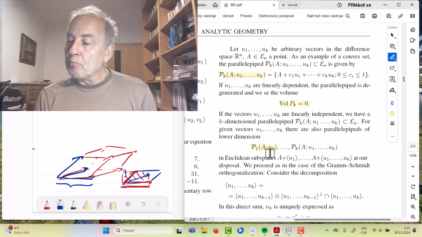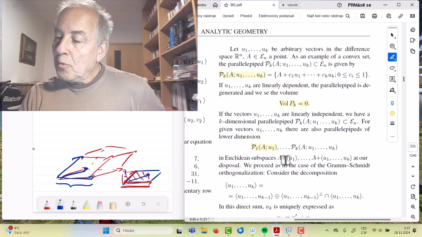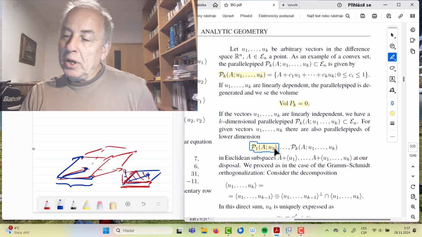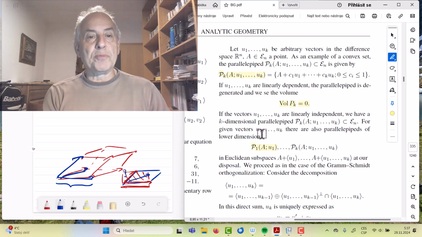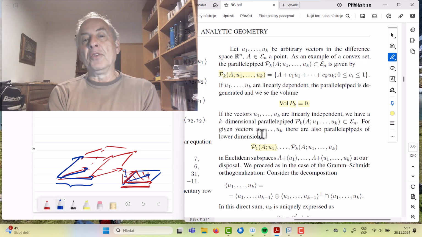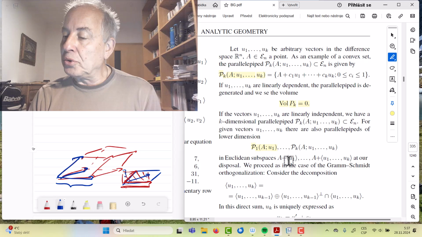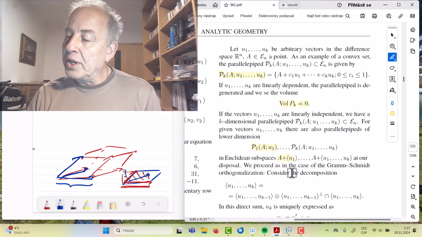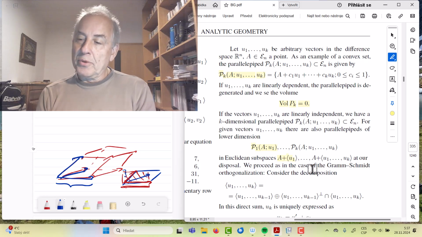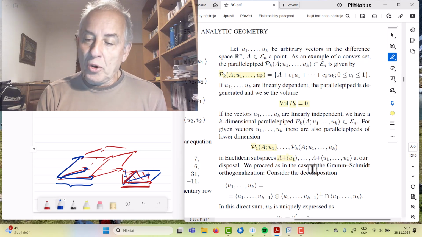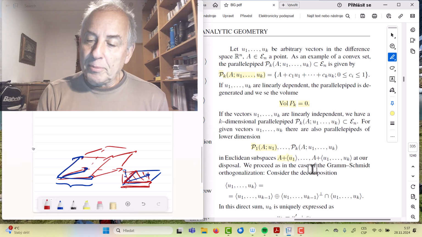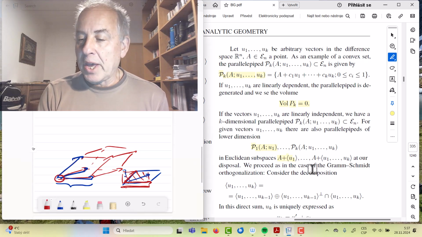And then what we can do is we take the generators which are spanning the parallelepiped in the given order, and we employ the Gram-Schmidt orthogonalization to the u's, right? So we simply look at the Euclidean subspaces always given by the point. So we pick the point here, and first the first one, right?